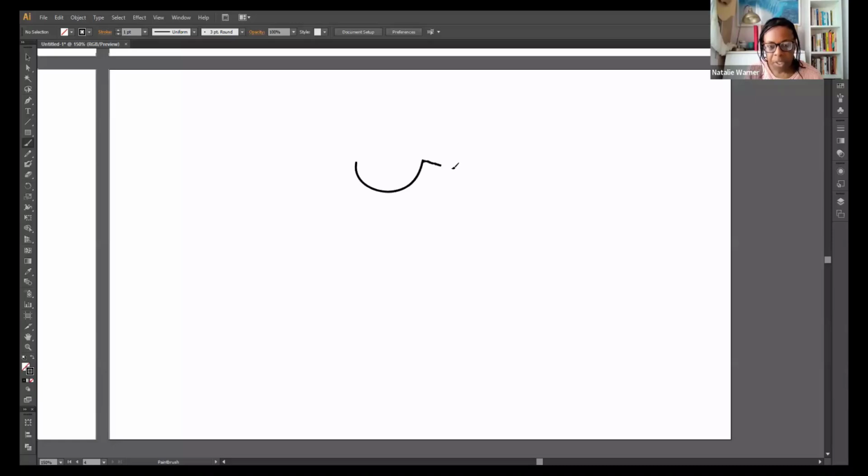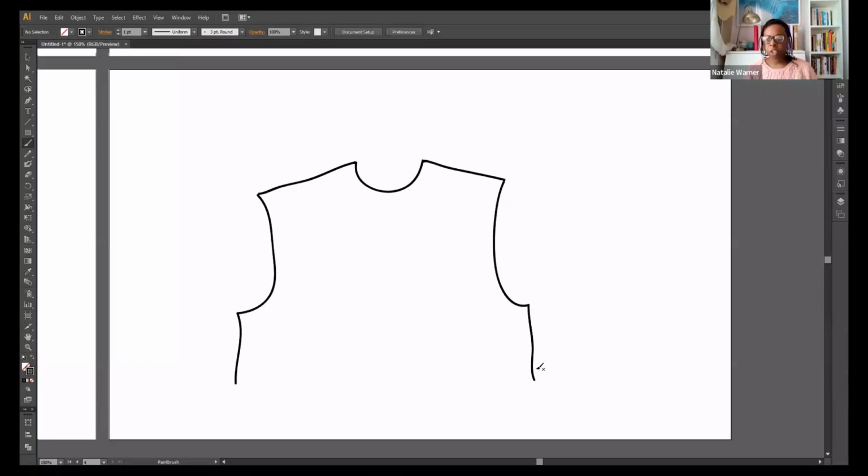Right. So here is a very crude drawing of part of a jumper top. It could be the back, it could be the front, it could be either one.